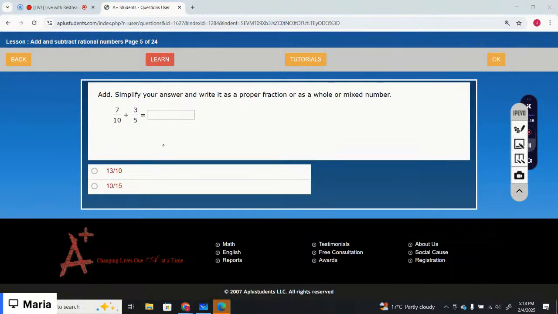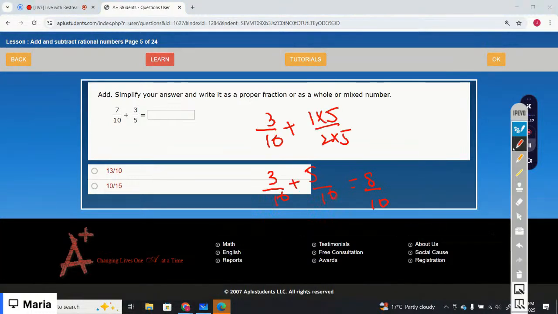7 over 10 plus 3 over 5. So you have to make the denominator the same first.